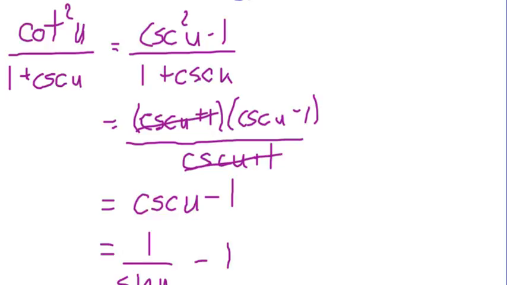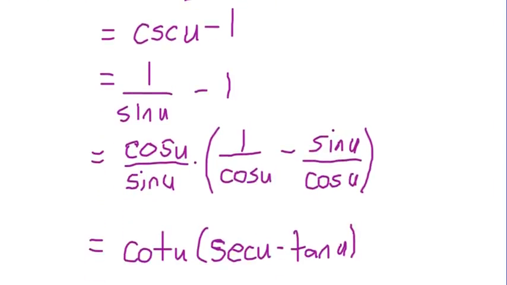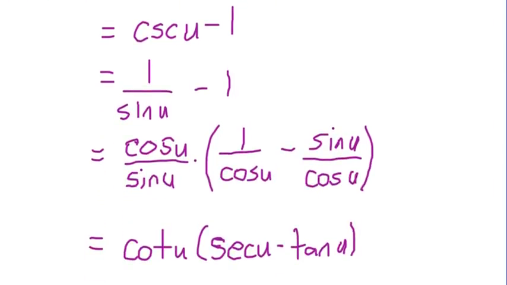So we started with cotangent squared u divided by 1 plus cosecant u equals cosecant squared u minus 1 divided by 1 plus cosecant u. We broke that down because that was the difference of two squares. Part of the numerator and denominator canceled out, and we got cosecant u minus 1. Okay, this was where we went to the right part of our equation, and now we're going to work backwards from that part.